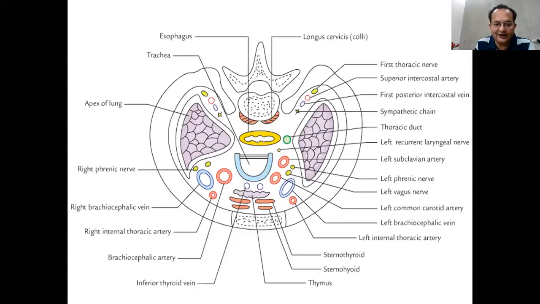Then the muscles related: sternohyoid, sternothyroid, and towards the vertebral body, longus cervicis or longus colli muscle. Here, at the neck of the rib, structures related to the thoracic inlet: sympathetic chain, first posterior intercostal vein, superior intercostal artery, and first thoracic nerve.